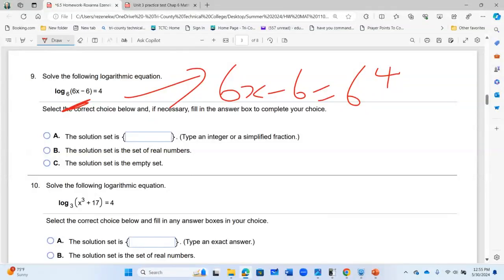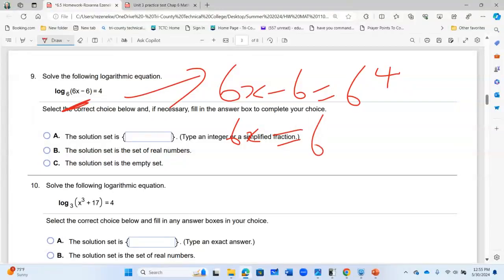Remember last week we said that a number can be converted from exponential form to logarithmic form, or the reverse. I just did the reverse so that I can solve this problem. And so I have 6x. I will throw this negative to the right.